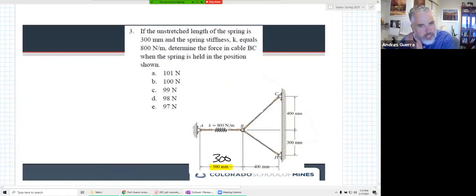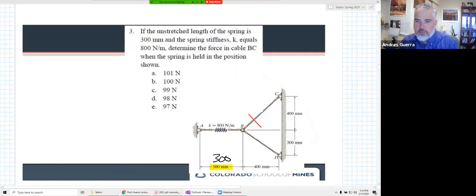Now remember, one of our main concepts with springs is that springs do not change equilibrium. If they change geometry, they change equilibrium, but we can still think about picking our FBD and setting up our equilibrium equations exactly the same, whether there's a spring there or not. So let's look at what they're asking us to find. They want us to find BC. Okay, so let's cut through it because that's what we're looking for.